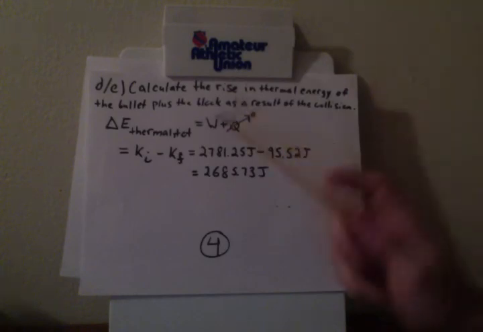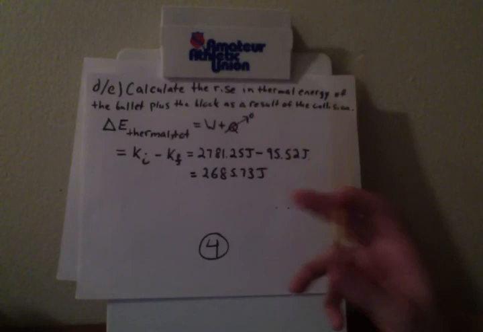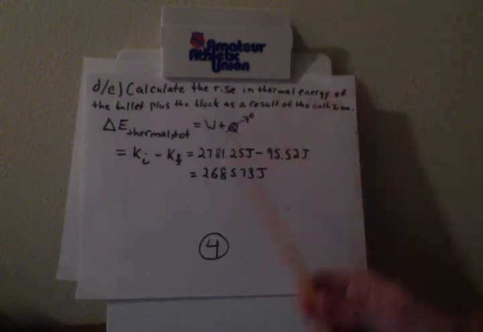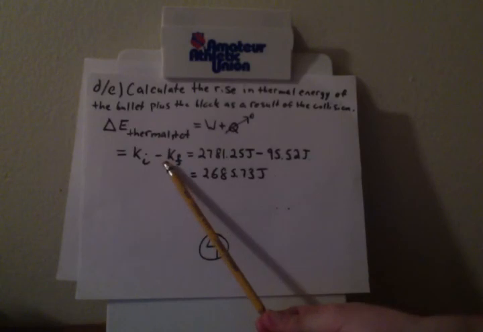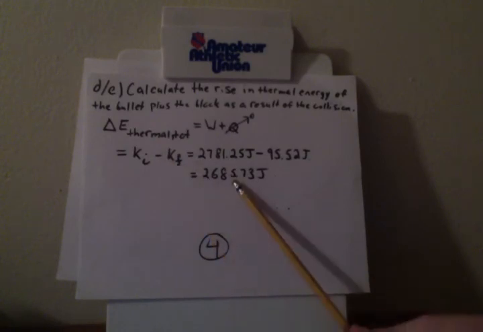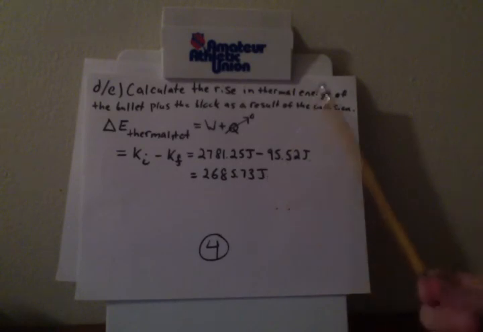But because we're dealing with a rise in thermal energy, naturally our answer needs to be positive. So that loss in kinetic energy I rewrote as this to intentionally get a positive answer. So here's those two kinetic energy values from the last problem. Plug them in. Got this value. And that's it.